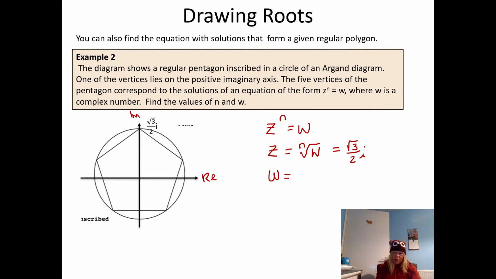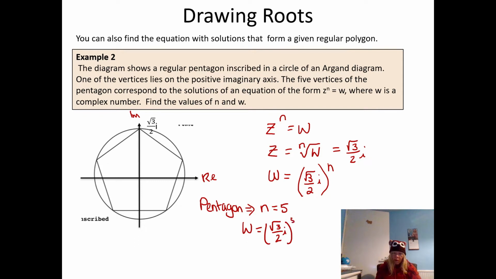So w would equal root 3 over 2 i to the power n. Now looking at this, we'll know n because it's a pentagon. So because it's a pentagon, we're going to write that. Pentagon implies n equals 5. So w equals, making quite a meal of this, root 3 over 2 i to the power 5.